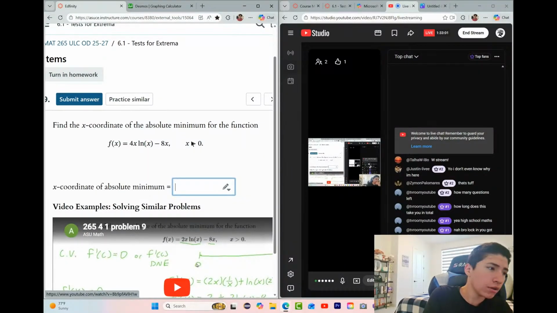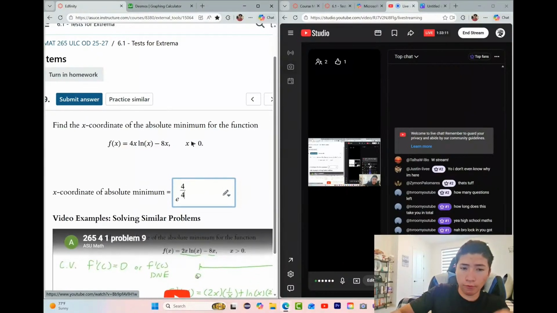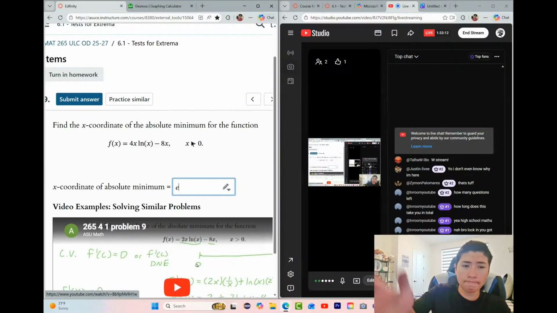However, e raised to what power gives e to the power of 1? And that's 1. So we have e to the power of 1, or 4 over 4, or 1, or just e. Oh, hold on. Wait, an absolute minimum.